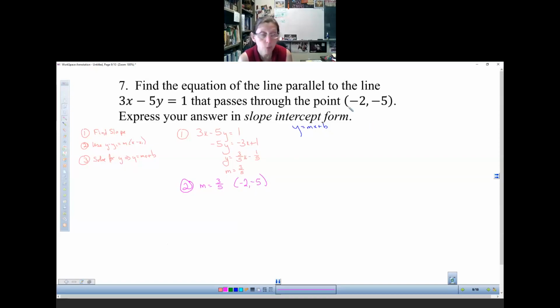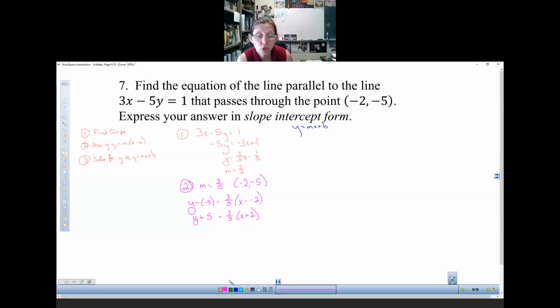Now we're going to use the slope of 3/5 and the point we're given, which is -2, -5. We go y minus the y value, so y minus -5 is equal to the slope times x minus the -2. I'm going to clean this up because it makes it easier to work with: 3/5 times x plus 2, okay? Now I'm going to finish this out. In order to solve for y, I'm going to get rid of this fraction.